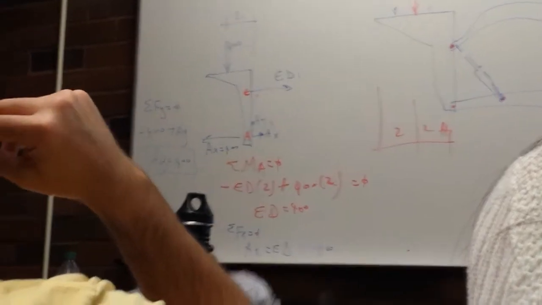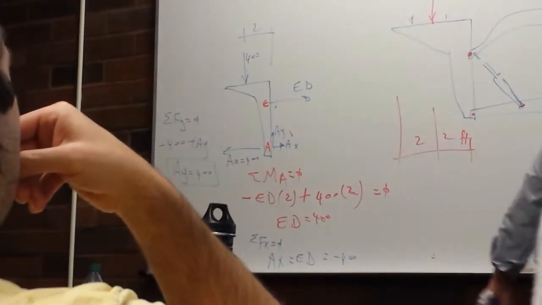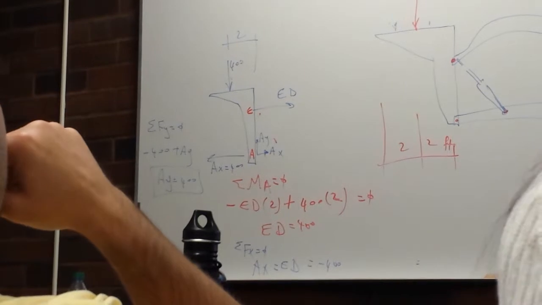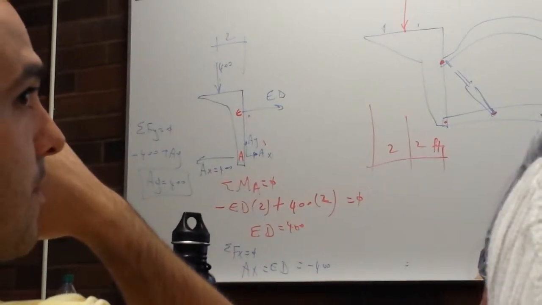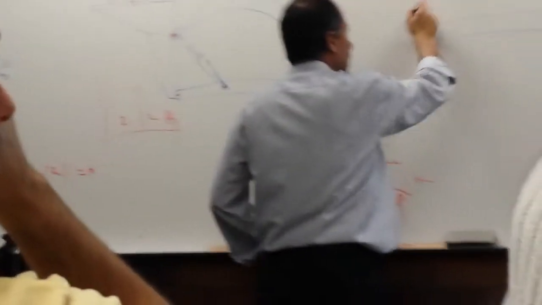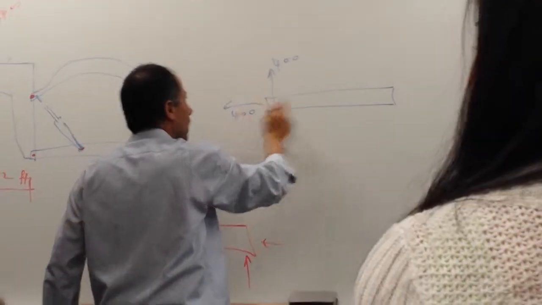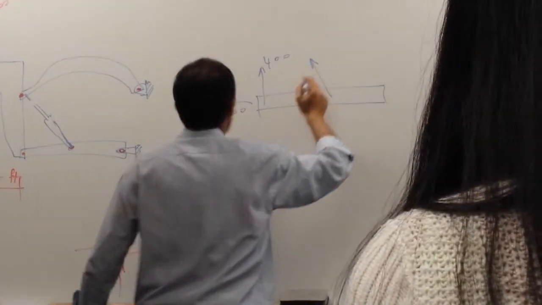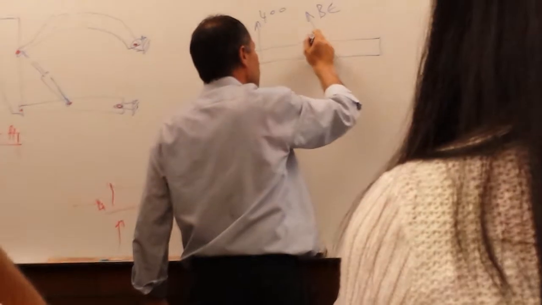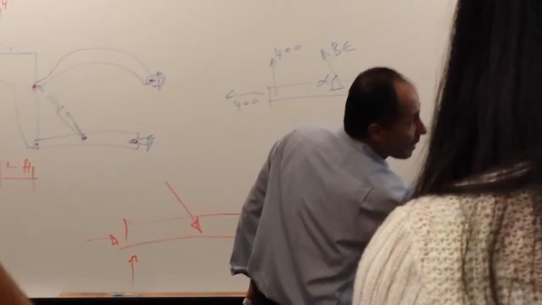Now, I will go to which part? The lower part. The lower part, I have here 400, and I have here 400. I have this hydraulic jack, what is called BE, at this angle alpha, and I have here D, Dx, Dy.